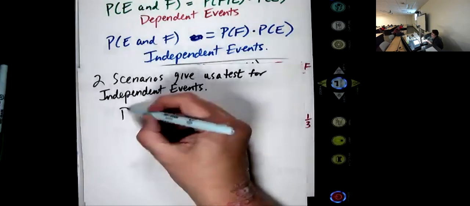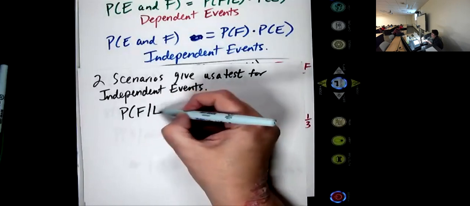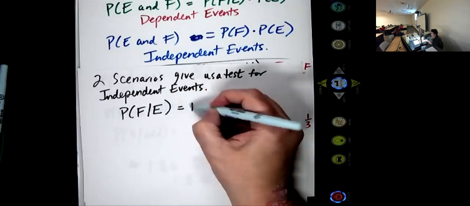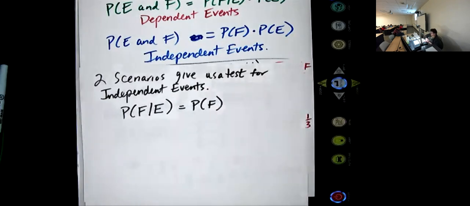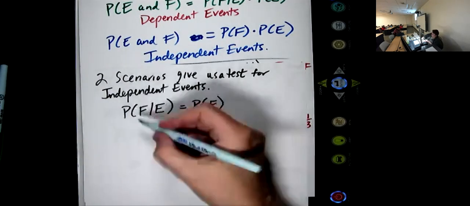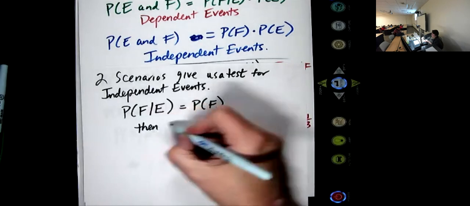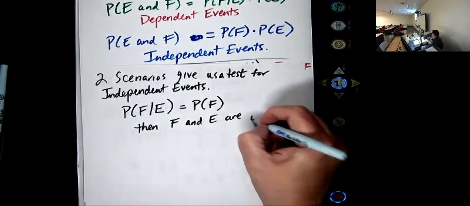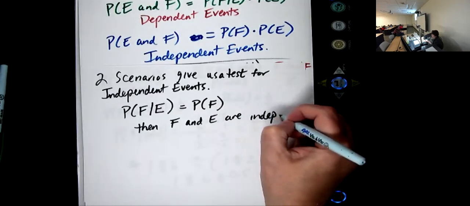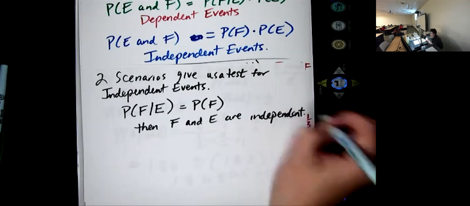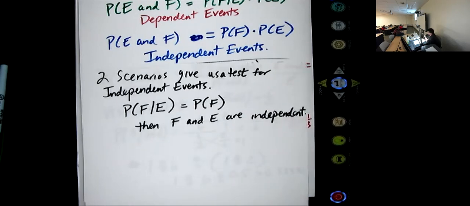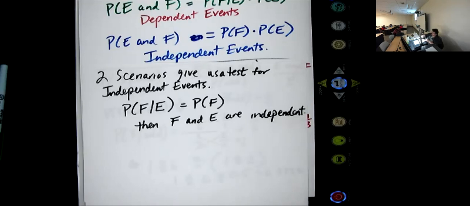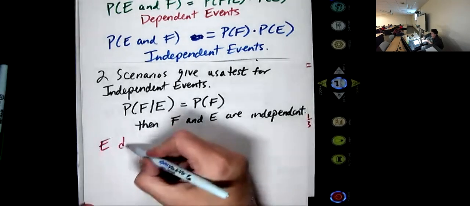If the probability of event F happening given E is identical to the probability of F, then F and E are independent. What this means is E does not affect the outcome of F.